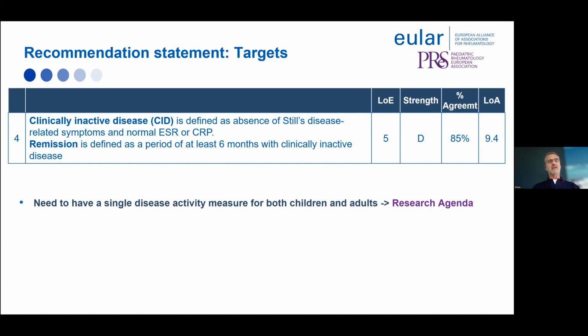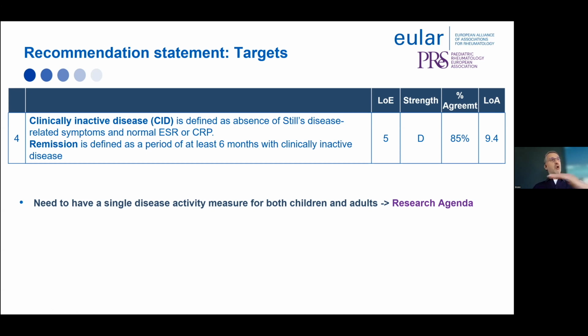Probably we'll have one in a few months or years. But what we decided to say is that what we want to achieve is a clinical inactive disease. It's a way for all the physicians to have the same vocabulary to manage the disease. Clinical inactive disease means that you have no Still symptoms and no inflammation, no elevated CRP or ESR. And remission is the same as clinical inactive disease, but for a certain period of time. You can speak of remission after 6 months.